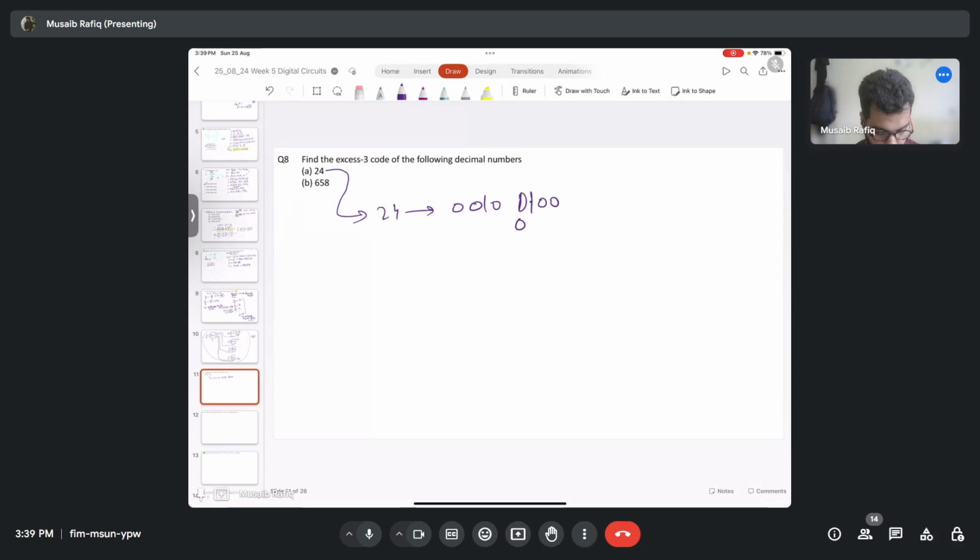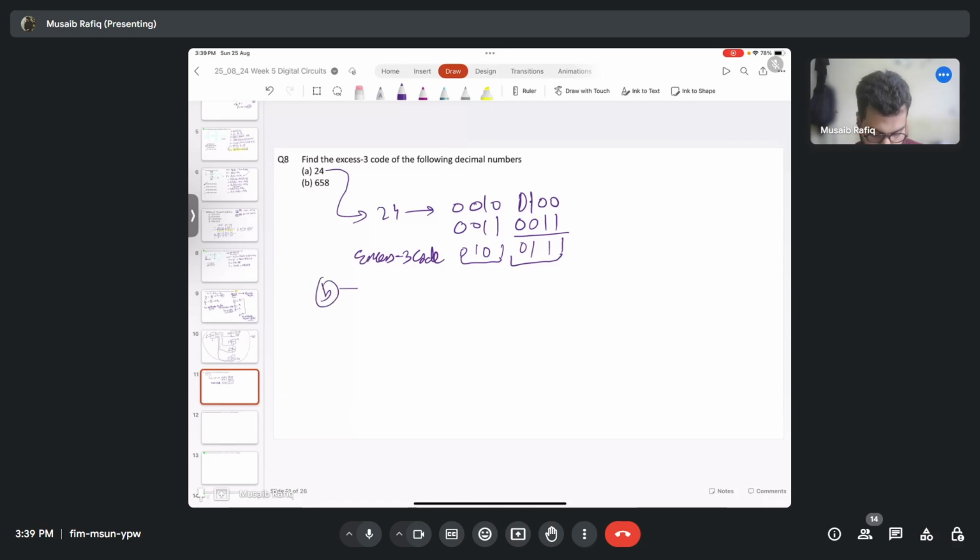Add 3 to individual numbers. So this will be 0101 0111. So this is the XS3 code of 24, basically adding 3 to the number.